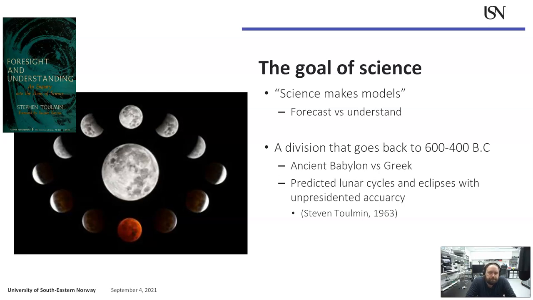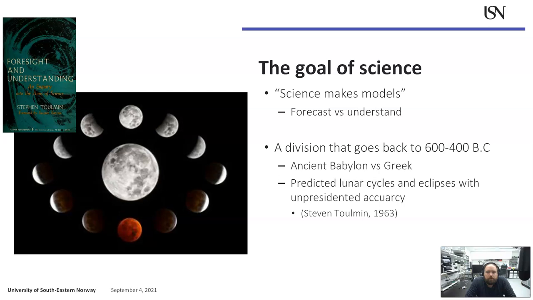BC. The ancient Babylonians and the Greeks were both very advanced cultures, and they were both interested in what at that point in time was scientific understanding and knowledge of the world. But they approached this idea of science, or what we now call science, in very different ways.